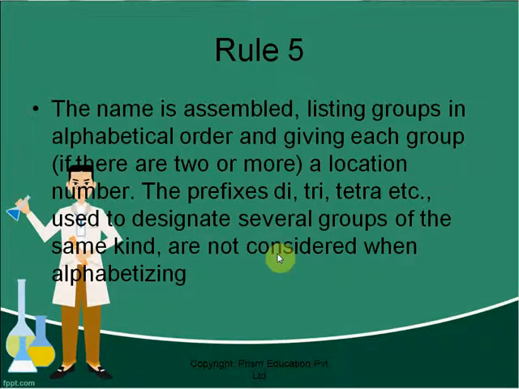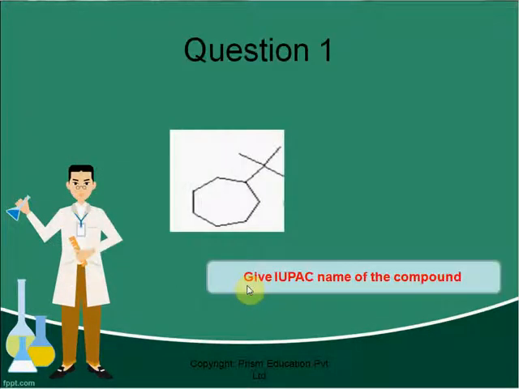So this should not mean that I consider the D of the dimethyl to come earlier in the alphabetical series, and hence name the compound as dimethyl and then ethyl. E of ethyl comes prior to M of methyl in alphabetical series, and that is how we should arrange the substituents. Let us take a few examples.